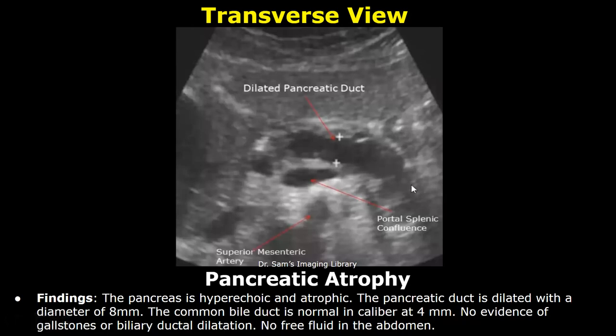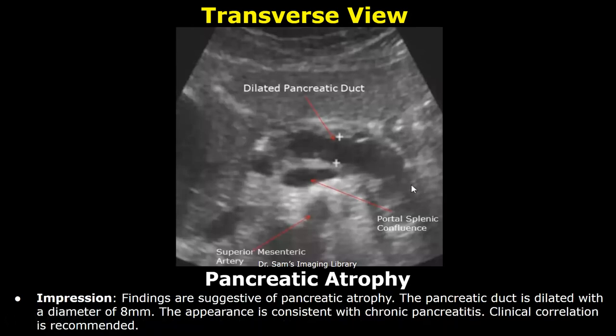In the impression, you can write findings are suggestive of pancreatic atrophy, and then you can write about the pancreatic duct and its measurement, followed by this line. The appearance is consistent with chronic pancreatitis, and in the end you can write about clinical correlation.